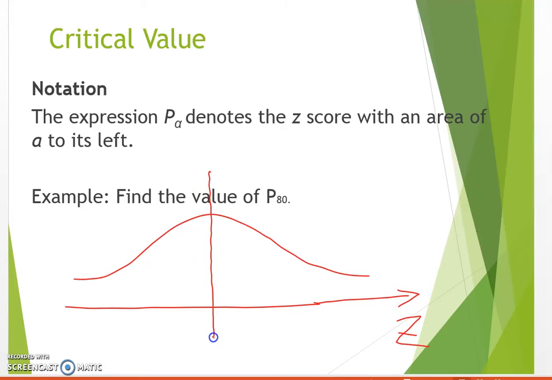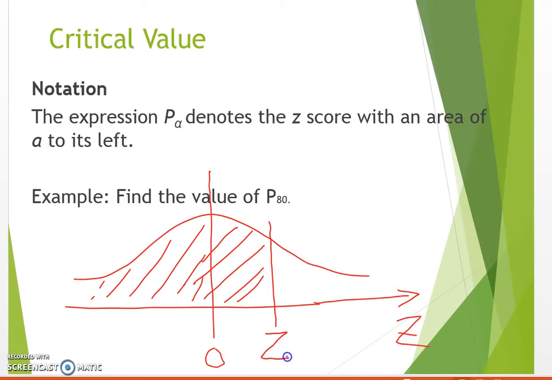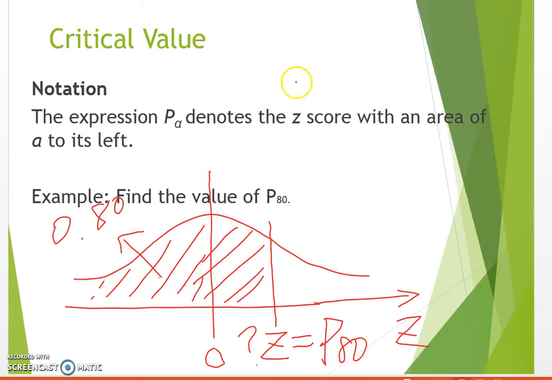Here is 0 for the standard normal distribution, so this will be 50%. For 80%, we need to go 30% more. So this is going to be your z, the 80th percentile. The area to the left of it is going to be 80%, or 0.8.